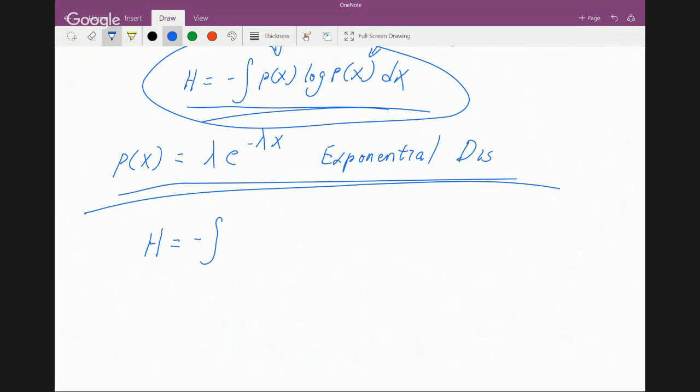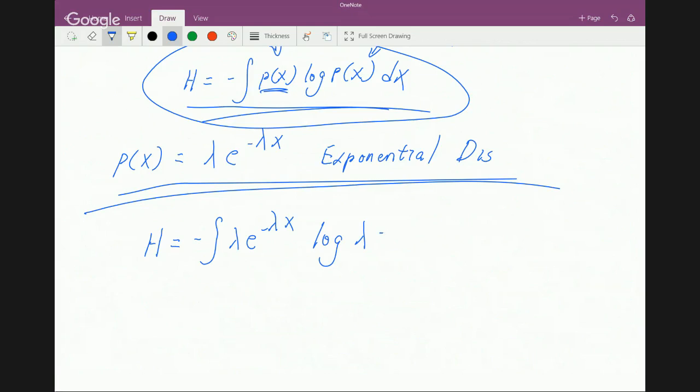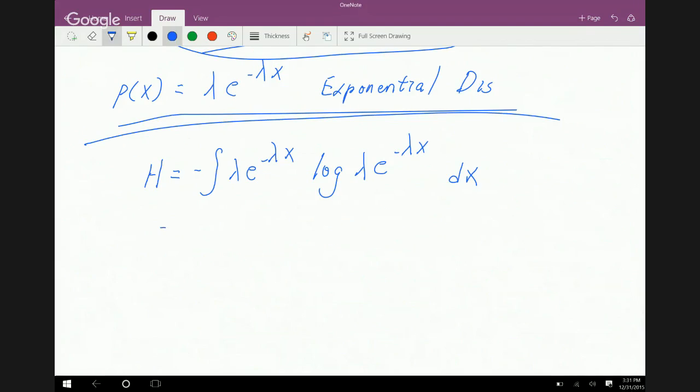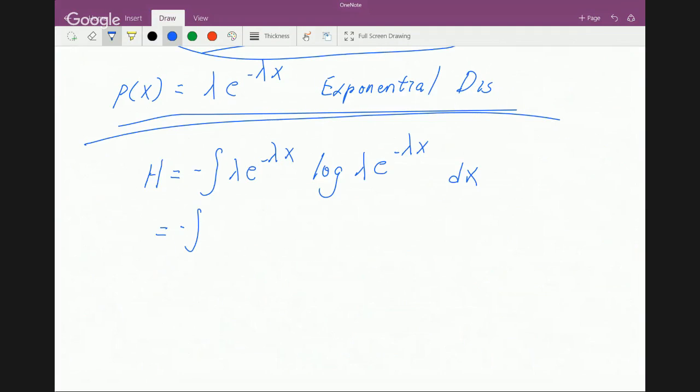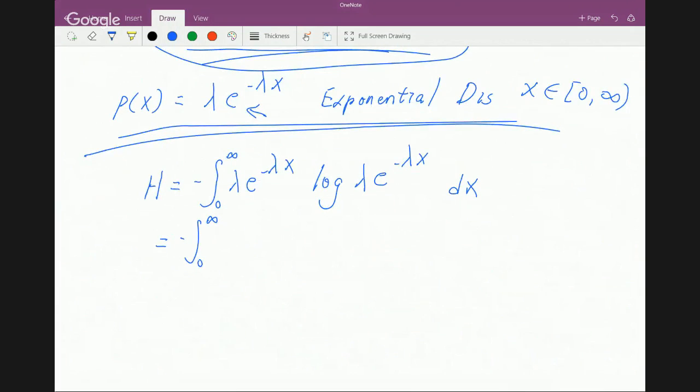Minus integral of lambda e to the minus lambda x, which I copied, and then log of lambda e to the minus lambda x dx. Oh yeah, and the range goes through the entire range from 0 to infinity. That's the exponential distribution. x belongs to 0 to infinity.